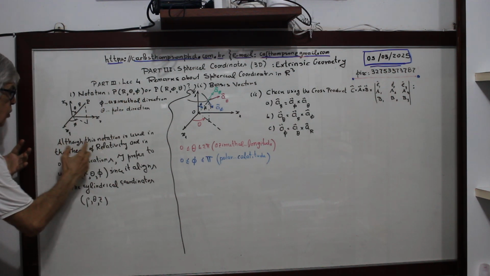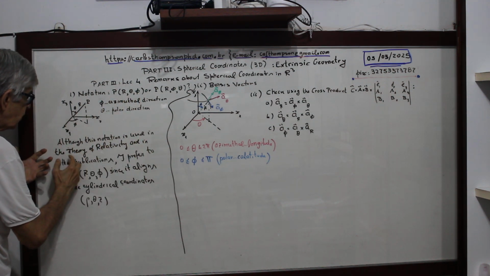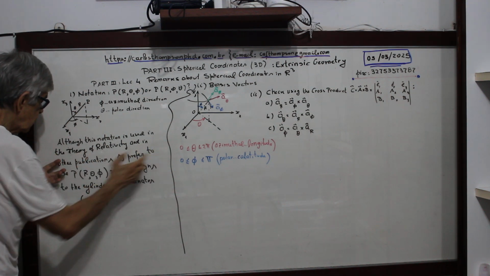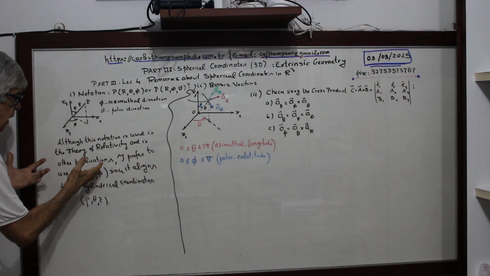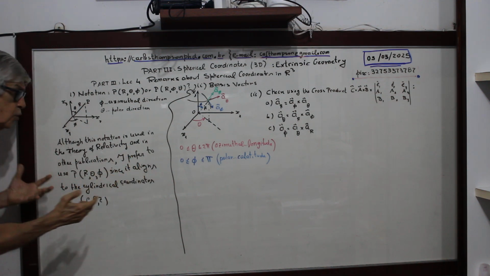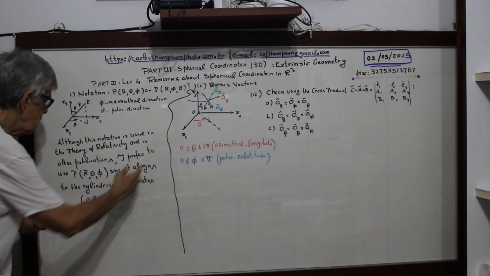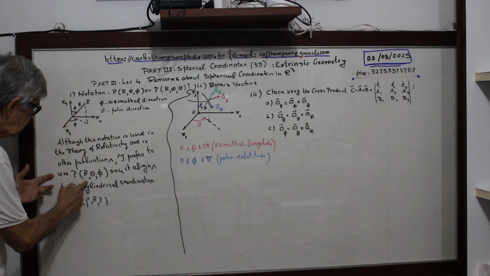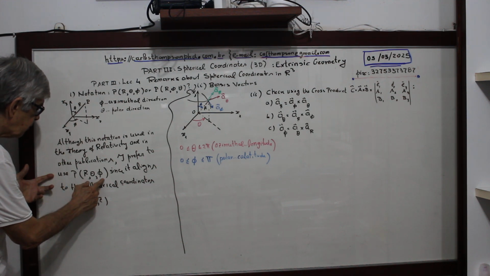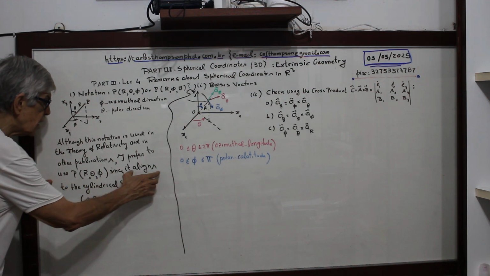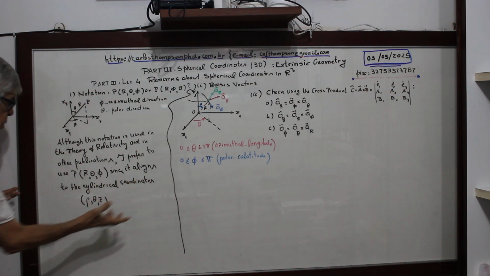Why? Although this notation is used in the theory of relativity and in other publications, I do prefer to use r, theta, and phi, since it aligns to the cylindrical coordinates.